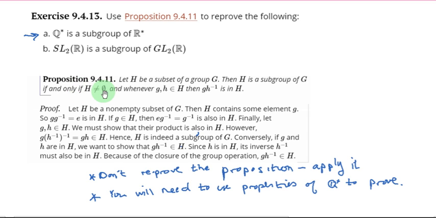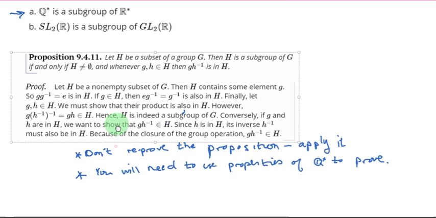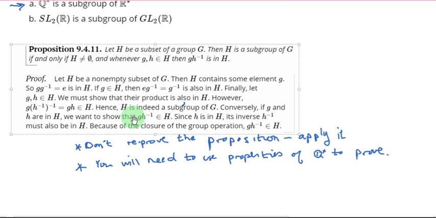All right, so there are two parts to the proof. The first is we have to show that H is not empty. The H in this case is our Q star, because this is the subset of R star that we want to show is a subgroup. All right, so the first thing we need to show is that Q star is not empty, which is not a big deal. For instance, 1 is in Q star.